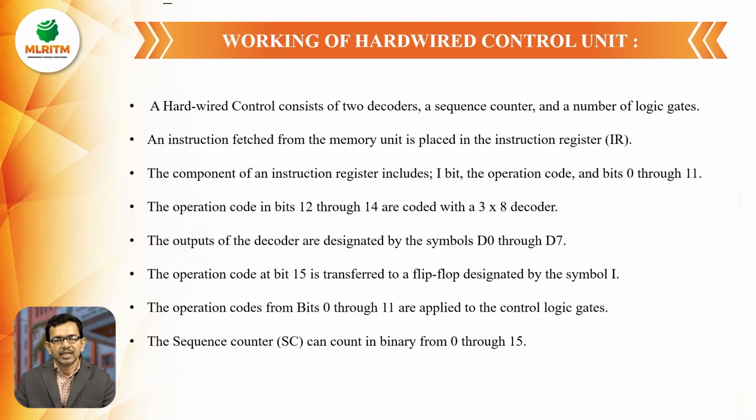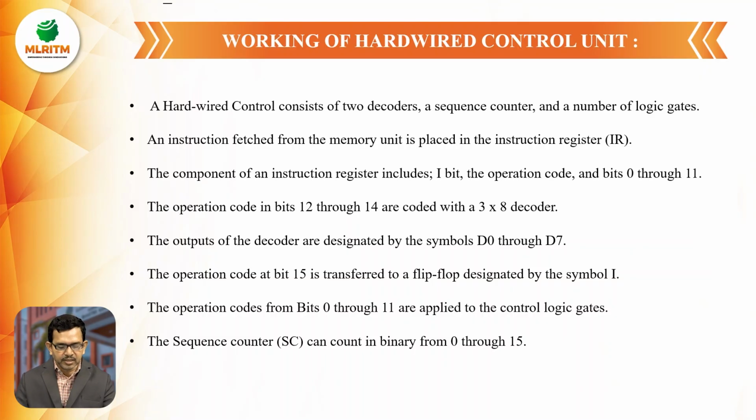And we see a sequence counter for that particular hardware, and another one is a number of logic gates. So in the first step, we find the hardware control consists of decoders, sequence counter and the number of logic gates. These three are very important if you go and execute an instruction in the hardwired control unit. One is decoders, another is sequence counter and the other is the number of logic gates required.